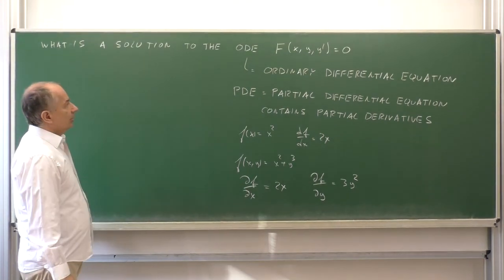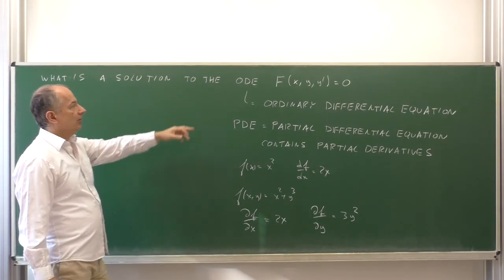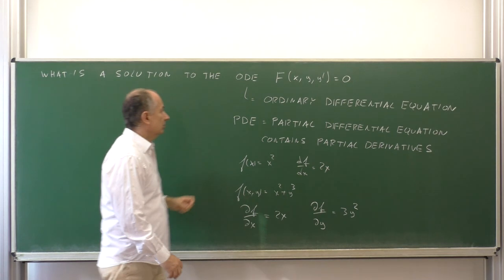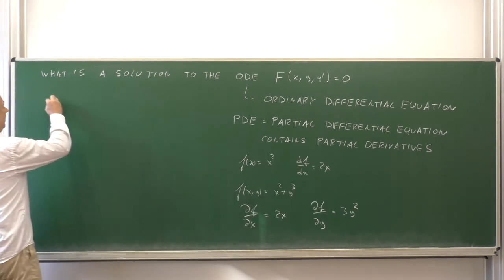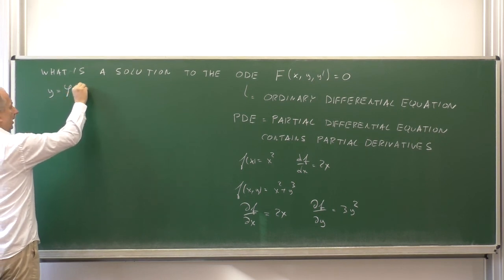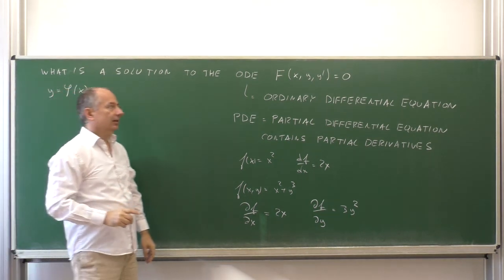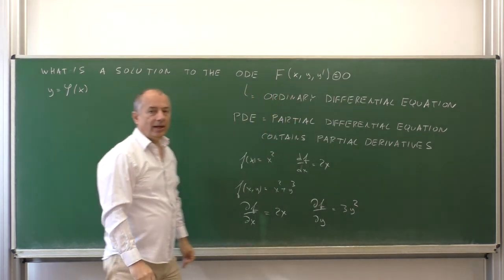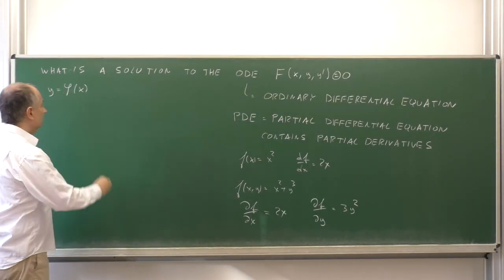So what is the solution to the differential equation F(x, y, y') = 0? By a solution, we mean a function, let's call it phi of x, such that this is true for all x in some interval.